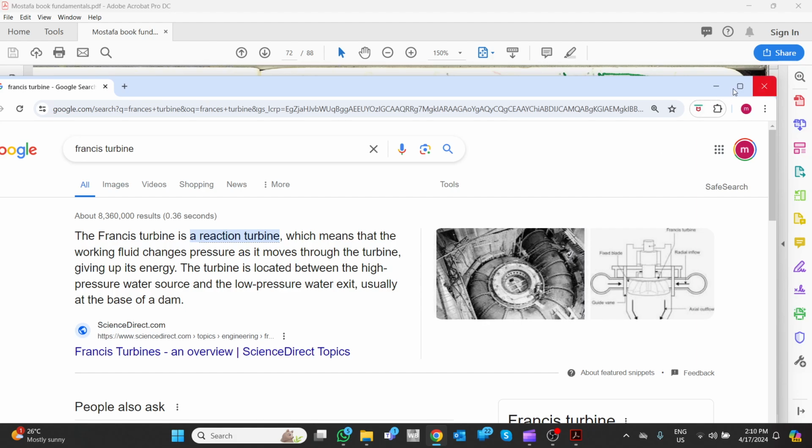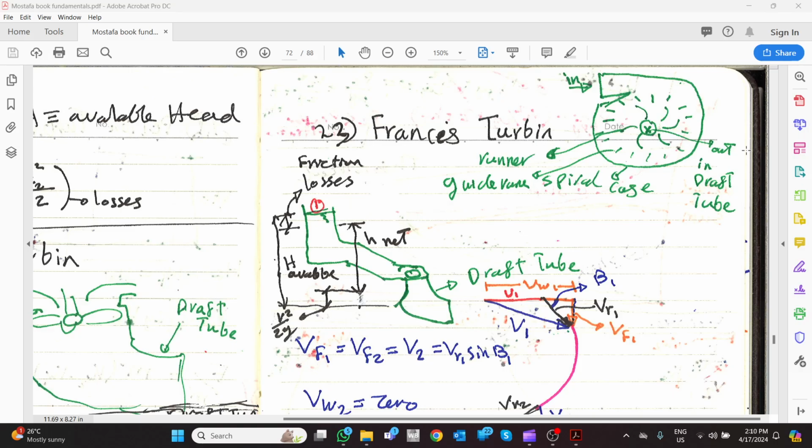What is happening? First we need to understand the philosophy to make the velocity analysis and the velocity diagram. We have a high pressure, low velocity here, high head.